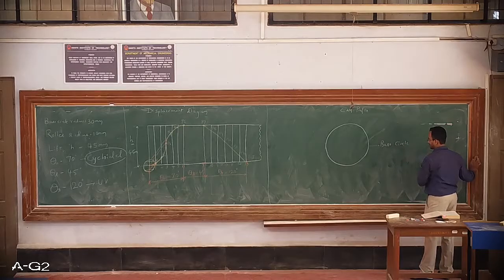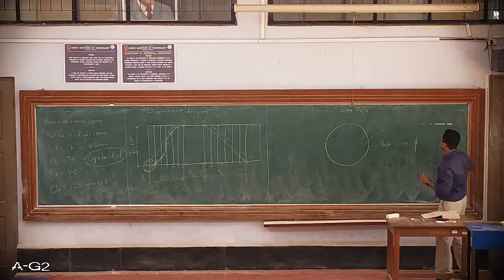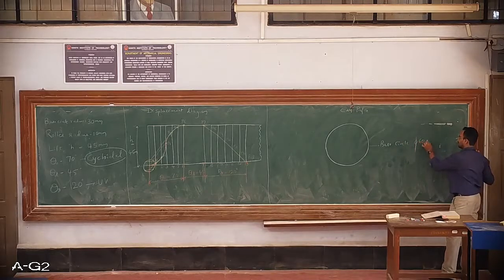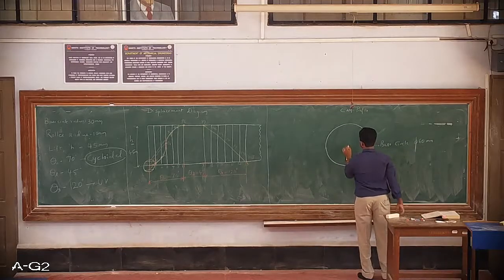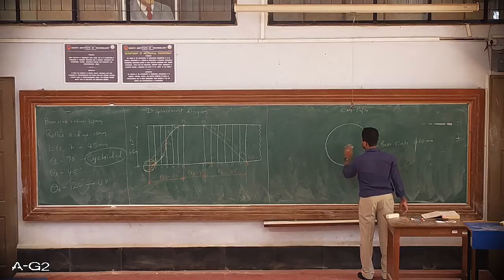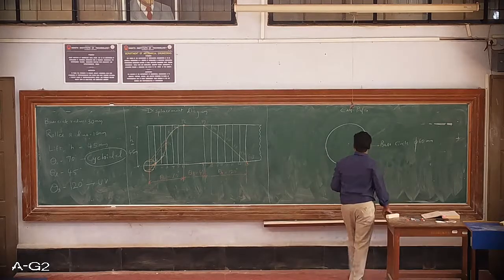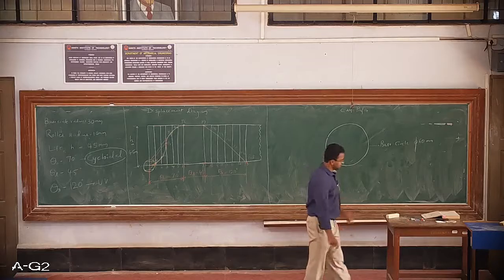This is a base circle of diameter how much? Since the radius is 30 mm, the diameter is 60 mm. So I've drawn the base circle of 60 mm diameter. Also located the center.